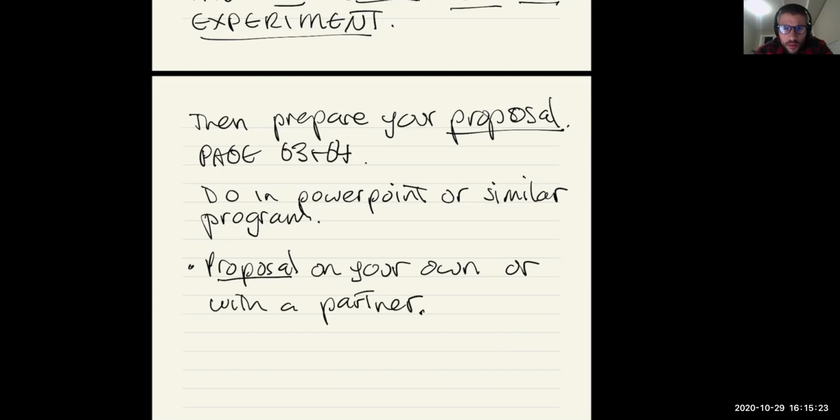So if you have a partner with that, you put it together and present it together as one. Of course, it will be a little bit different than in the classroom. Everything in this activity guide is based on us being in the classroom. We won't be in the classroom. We'll be on Zoom, essentially.